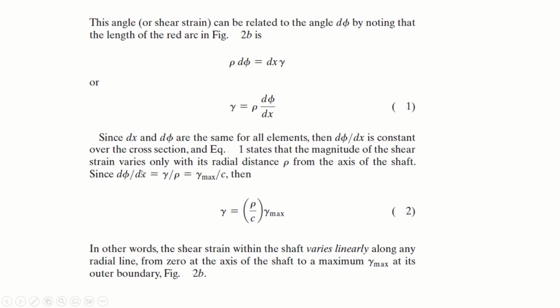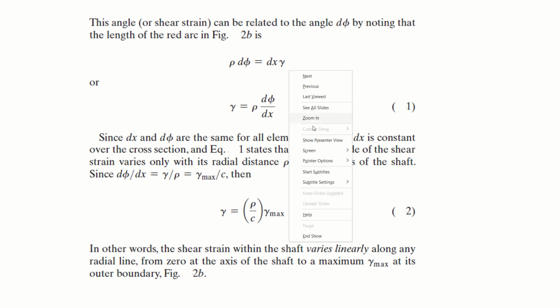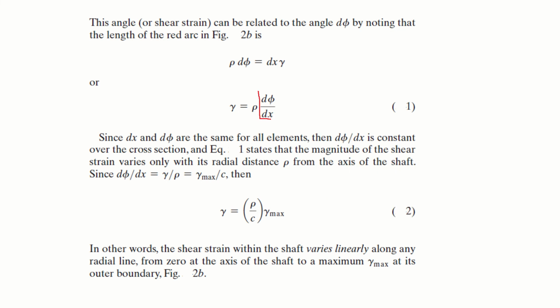magnitude of the shear strain varies only with its radial distance rho from the axis of the shaft. So it means that if this term is constant, right? Let me show you. If this term is constant, then shear strain only depends upon this rho. It means that if rho increases, gamma increases.